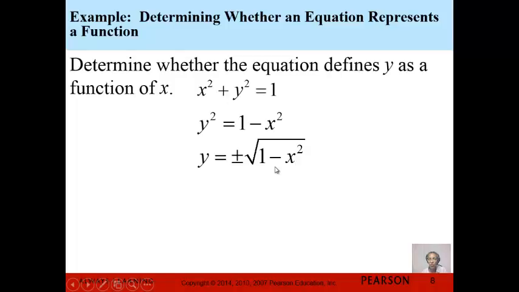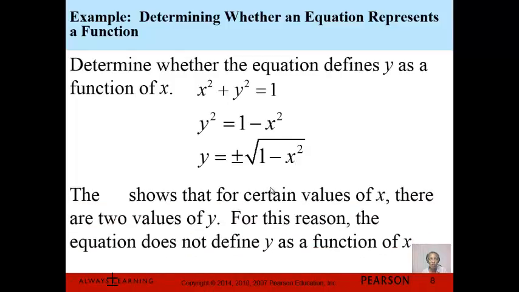So if that happens for just one x, this is not a function. The equation does not define y as a function of x. So the plus or minus is the thing that shows that for certain values of x, there are two values of y. For this reason, the equation does not define y as a function of x.